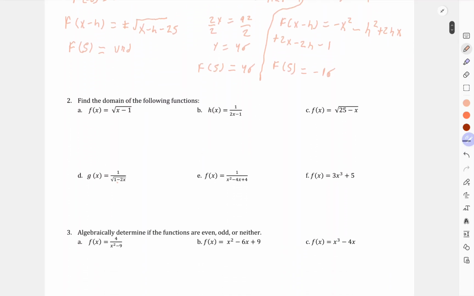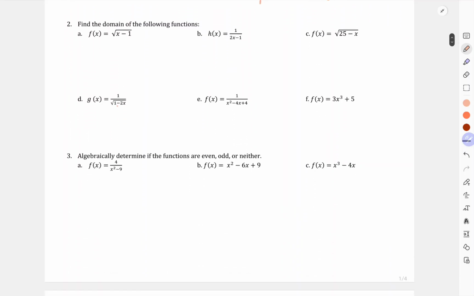Okay, now we are moving to domain of the following functions. This is very, very important because this is where most people just blank out. With square roots, you always have to set up an inequality. What does that mean? It basically means put that term or those terms greater than or equal to 0, and then you solve it as an inequality.